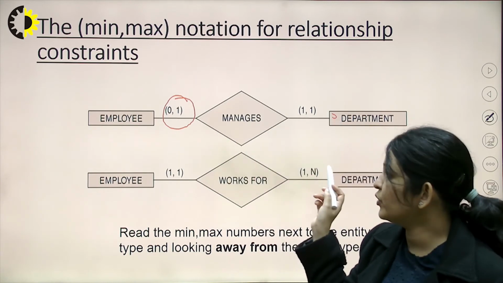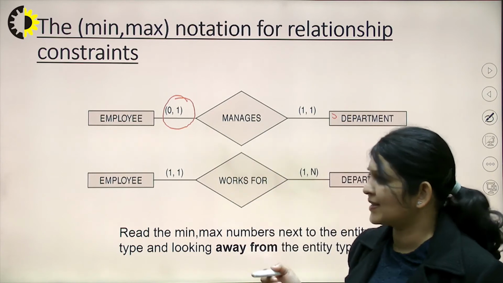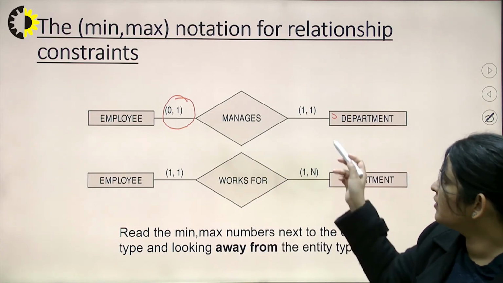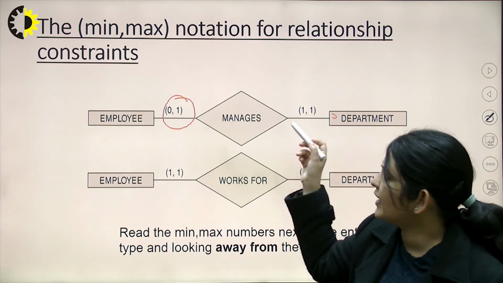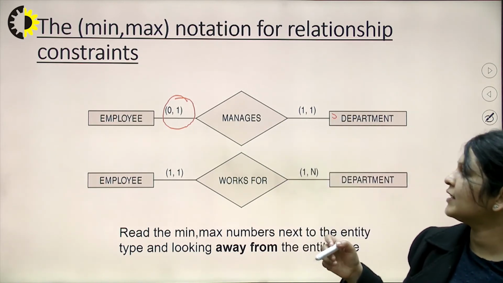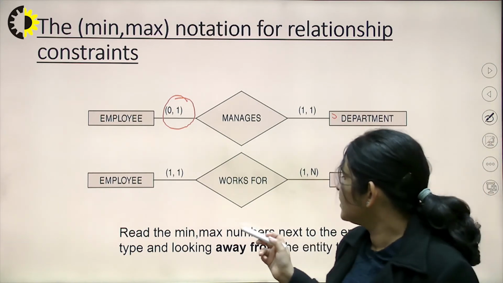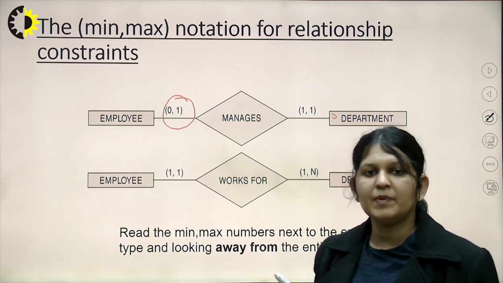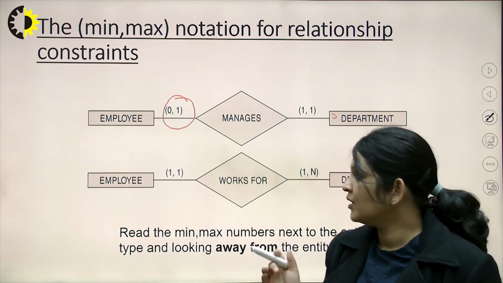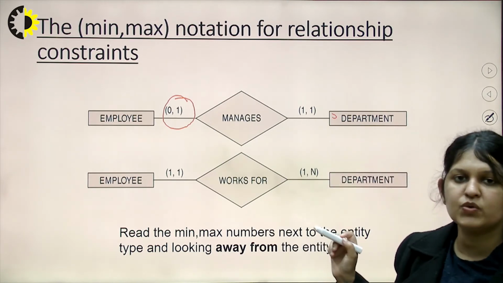They can have 0 as minimum or 1 as maximum. Here in manages, department and employee have to participate, so minimum participation is 1 and maximum can also be 1. For each department there should be at least 1. So it is 1:1, and for the employee we have 1:n.